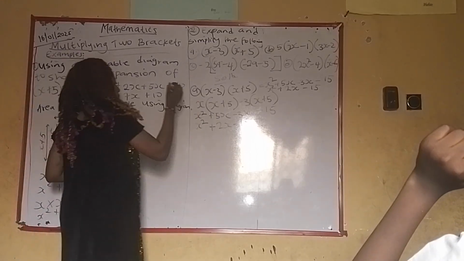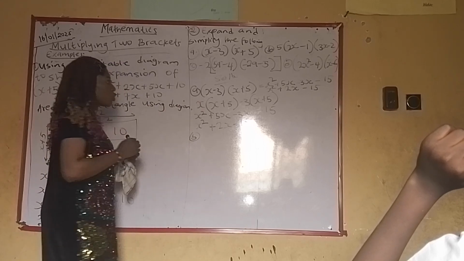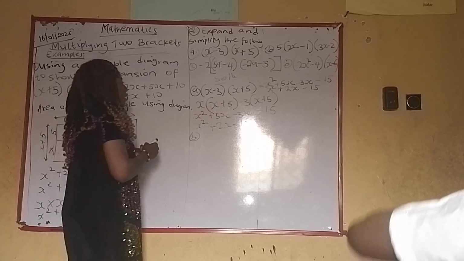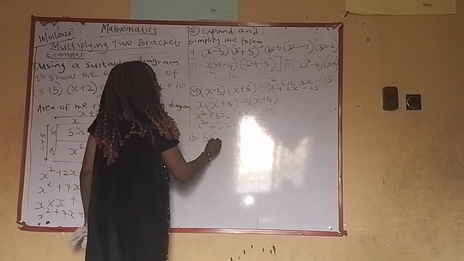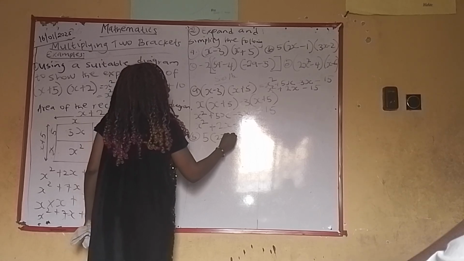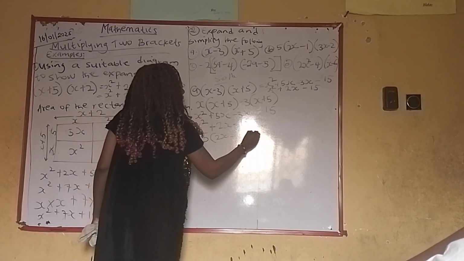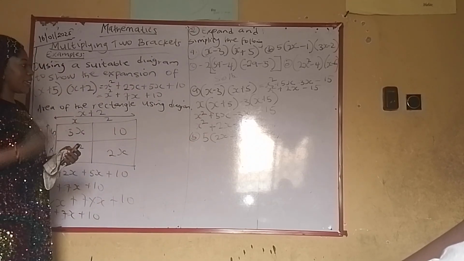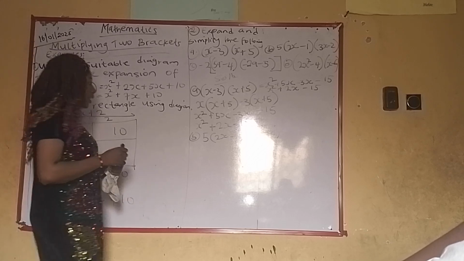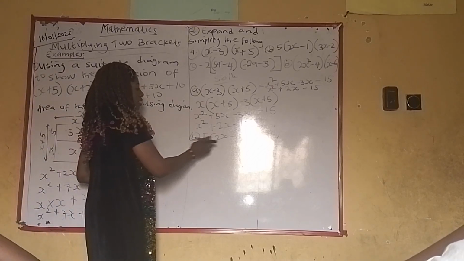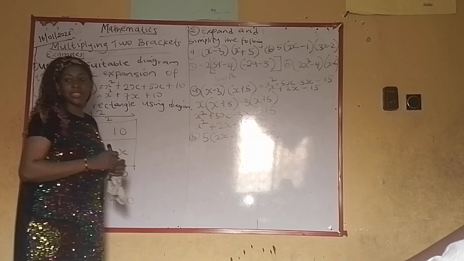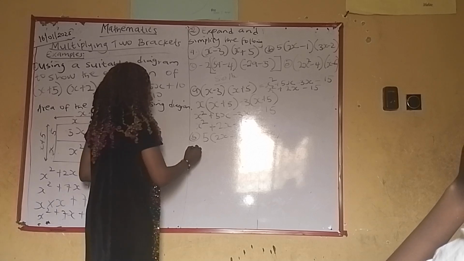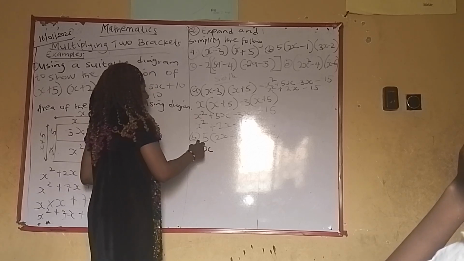So let's do the next one, B. Let's continue with this formula. The B says 5 bracket 2x minus 1, 3x minus 2. What do we do? It seems confusing here, but it is not. We first of all use this to expand this before we use it to work on that. What do I mean? 5 times 2x is what? 10x.